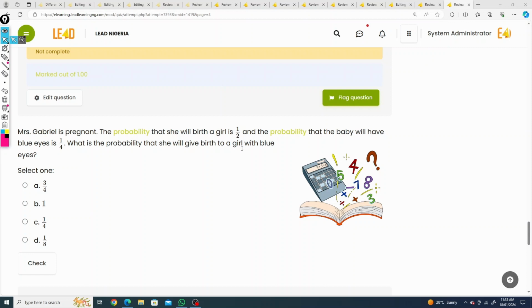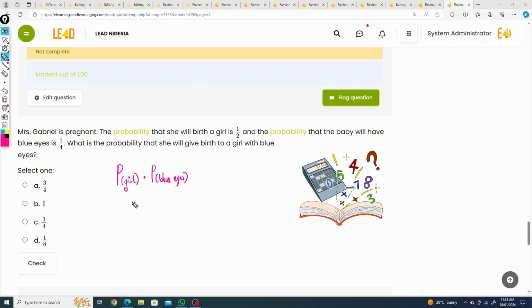Okay, so the probability that she will give birth to a girl with blue eyes would mean that both would have to be true, right? So it's the probability of a girl times the probability of blue eyes, because there are two independent events and we're trying to find the probability of both of them happening.